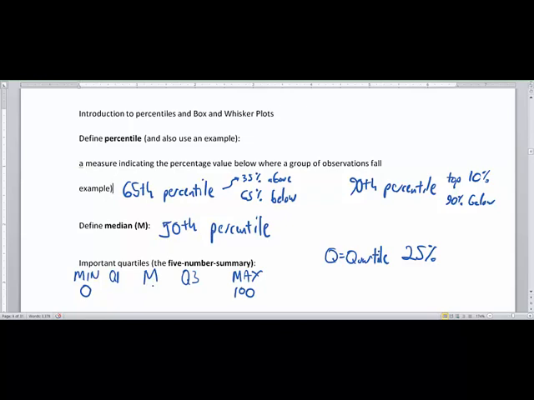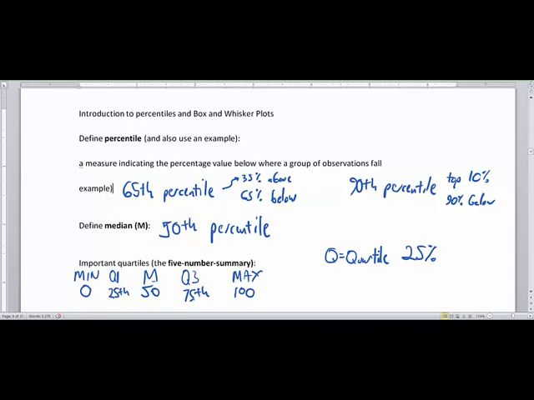In general, obviously, if we have modal data, all of this can be thrown into disarray. But just in general speaking, it's easy to think that the median is the 50th percentile, and Q1 is called the first quartile, and that's the 25th percentile. And the Q3 is the 75th percentile. So 75% is below the Q3 and 25% is above it.